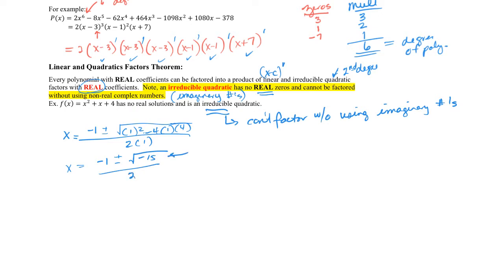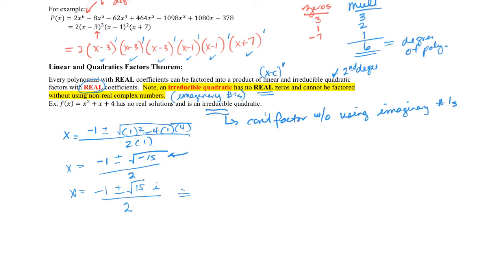Now, because I have a negative number under the radical, I know that I'm going to have to use i, or the imaginary unit, to factor this or to solve this. So x equals -1 plus or minus the square root of 15 times i divided by 2.